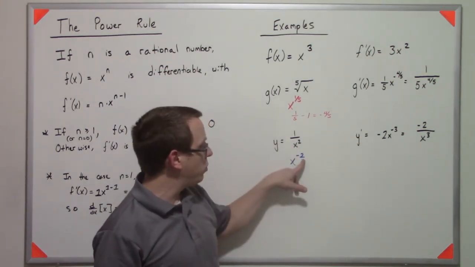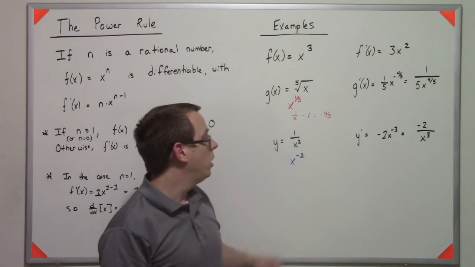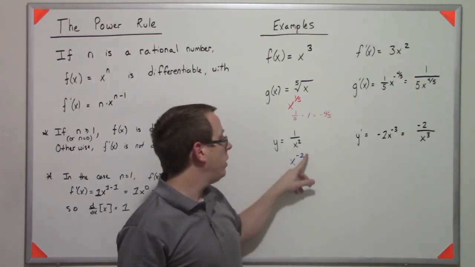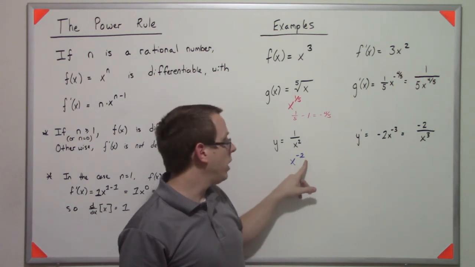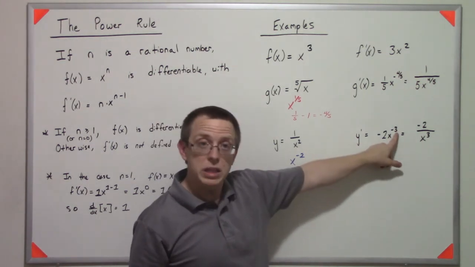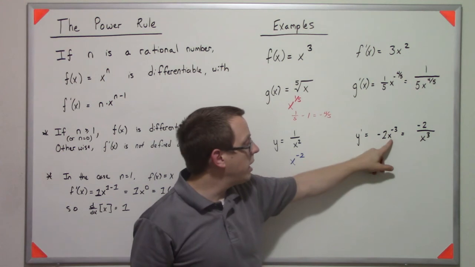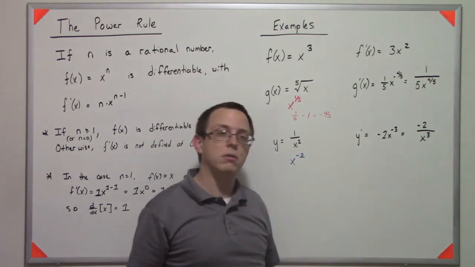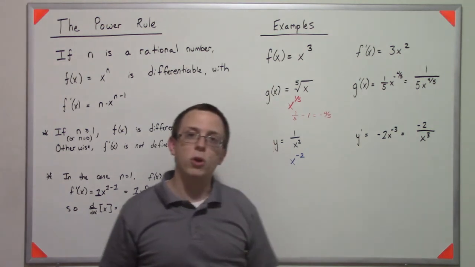So if it's x to the negative 2, then we bring down the power to the front, it's negative 2, and then we subtract 1, so negative 2 minus 1 is negative 3. We take this x piece, we flip it, so we have negative 2 over x cubed.